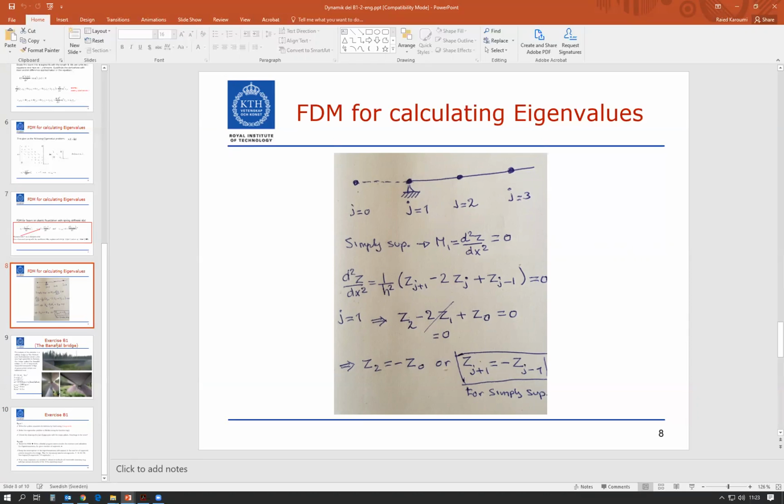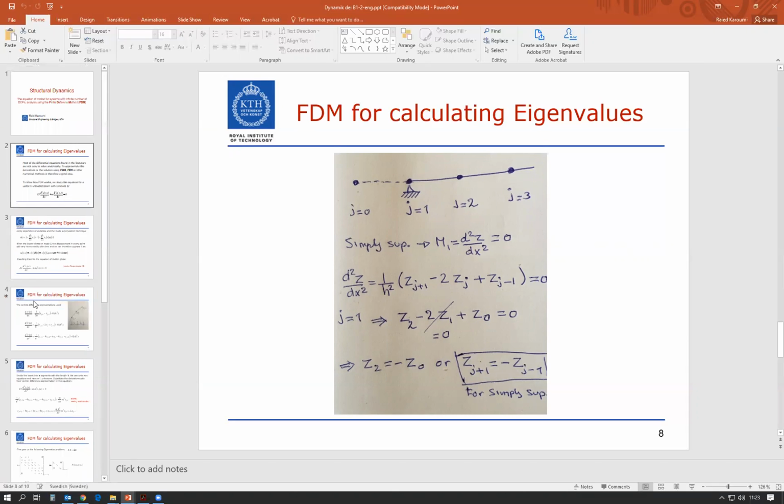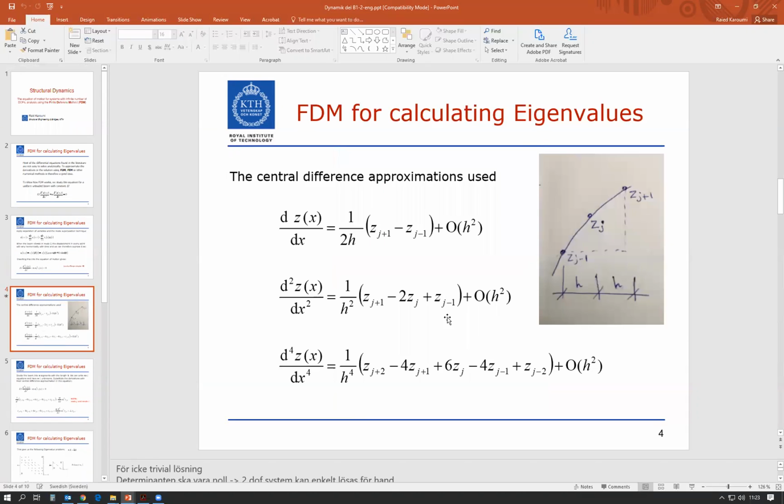I have another question. Not sure, but I think Z6 doesn't exist because there is no node. Yes, so Z6 is a fictitious point which lies outside of the beam. You will always get, because you see these central difference approximations, using these, you will always get points outside of the beam.